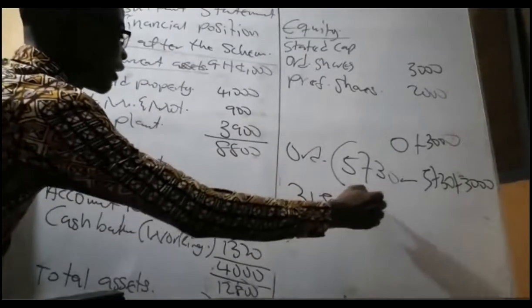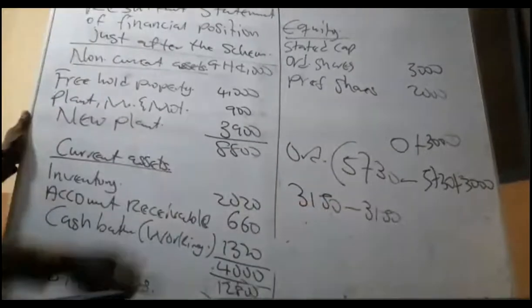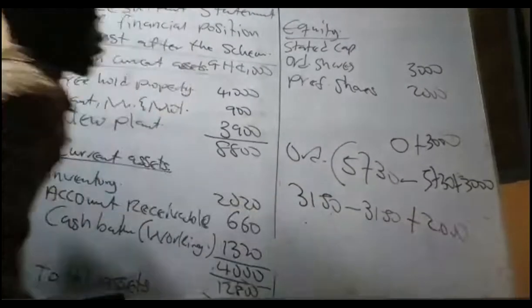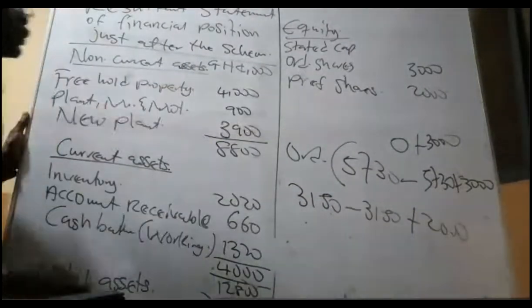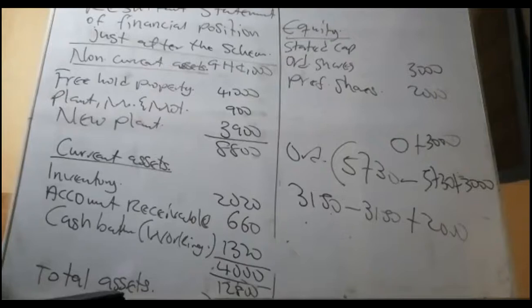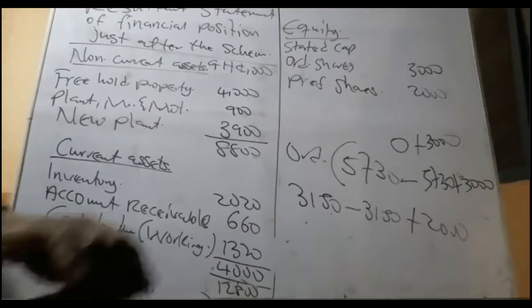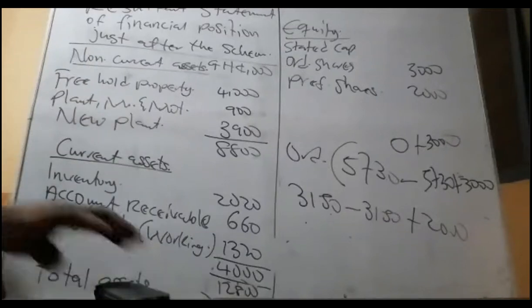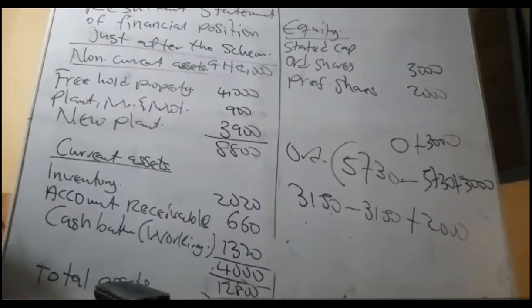They lost everything, so 3,150 plus what they brought, 2 million. So at the end of the day, it gives them 2 million, and then you are done. Kindly take note of this, how we got the 3 million and then the 2 million. Perfect. Your position before, whatever you are losing plus whatever you are bringing, you are done.